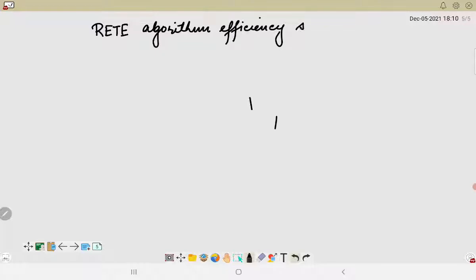But before that, let us first make a brief note about the RETE algorithm efficiency sources. How does this RETE algorithm work, or what are the properties of the RETE algorithm? So we will discuss RETE algorithm efficiency sources.